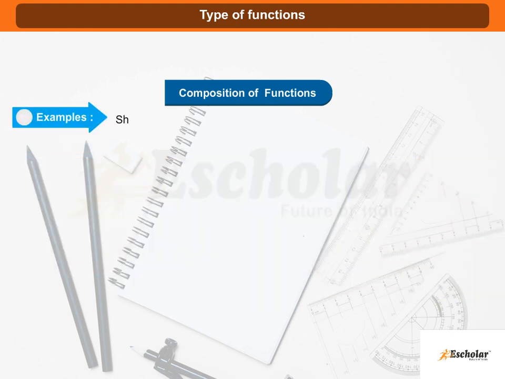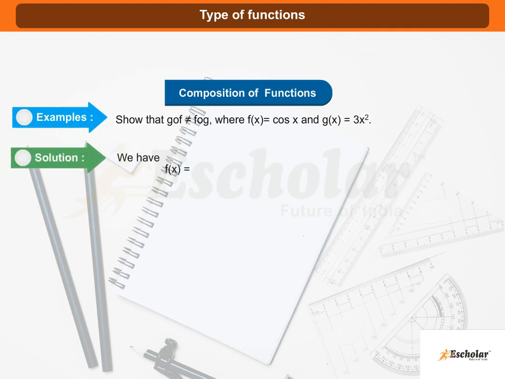Example 2. Show that g o f is not equal to f o g, where f of x is cos x and g of x is 3x square. Solution. We have f of x is cos x and g of x is 3x square. So g o f of x is equal to g of f of x, which is equal to g of cos x, equal to 3 times cos x whole square, equal to 3 cos square x.